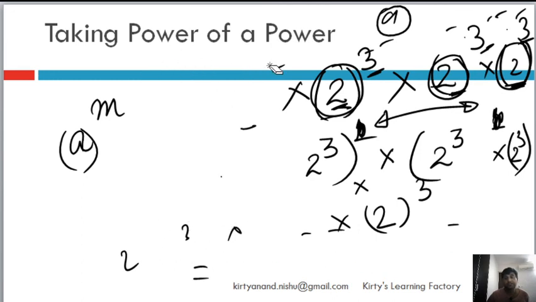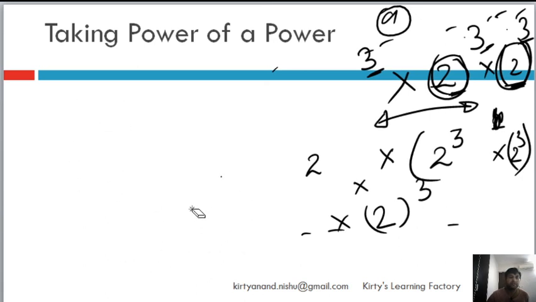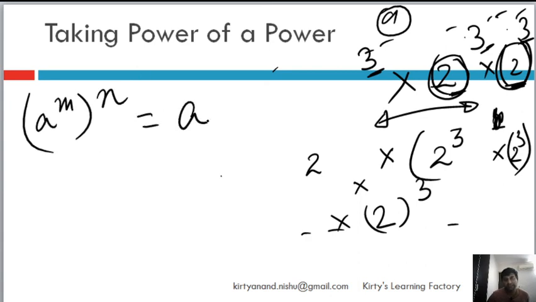Now that I hope the concept is clear, it basically means that if there is a number generically expressed as a raised to the power m, which is raised to the power n, it basically is a raised to the power mn.